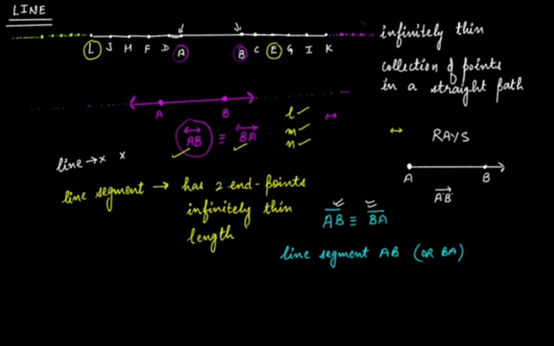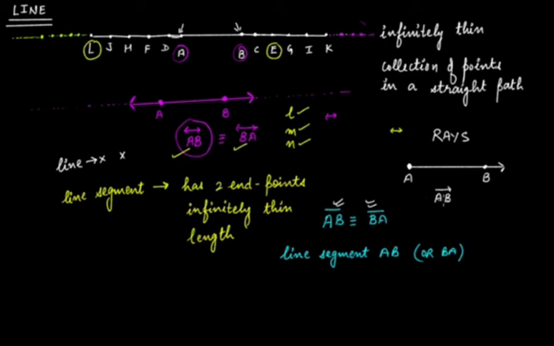Now, as in the case of a line and line segment, we can write a line as line AB or line BA, both being the same thing. In the case of a line segment, we can write line segment AB, and that will be equal to line segment BA.